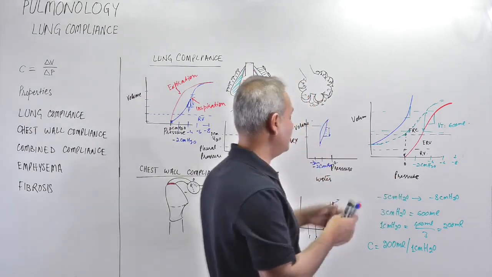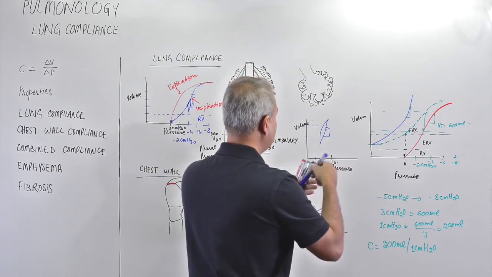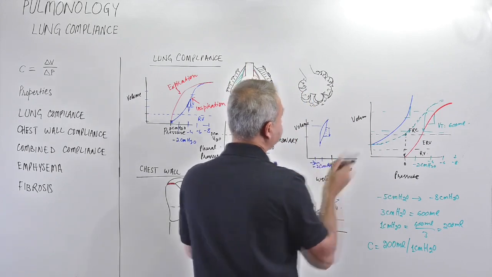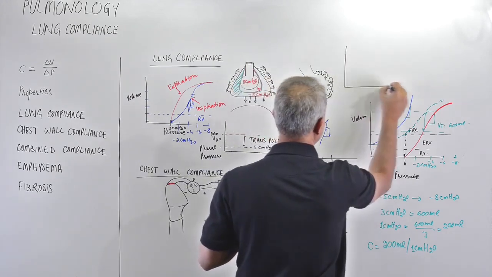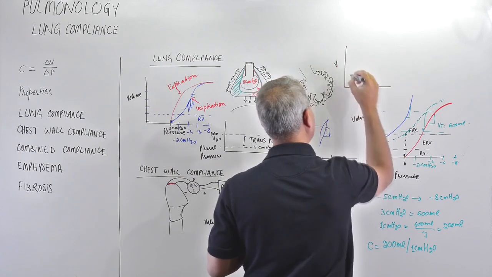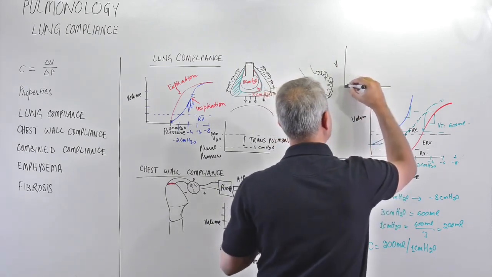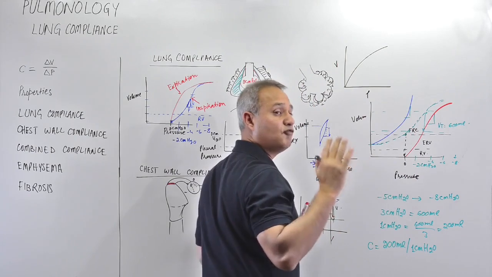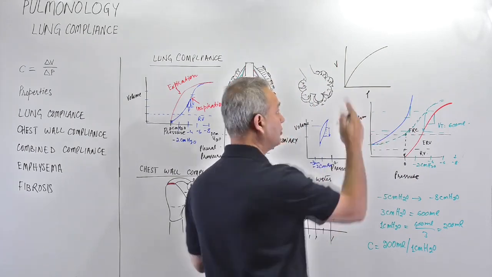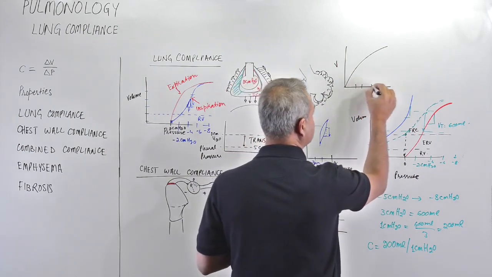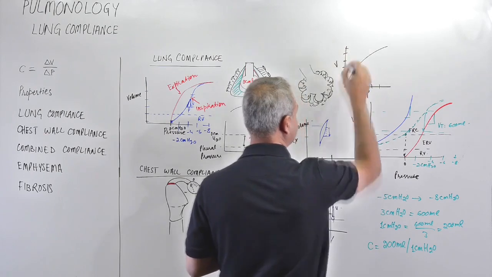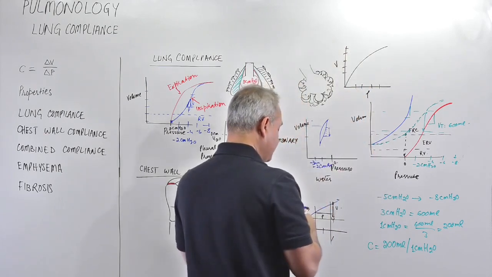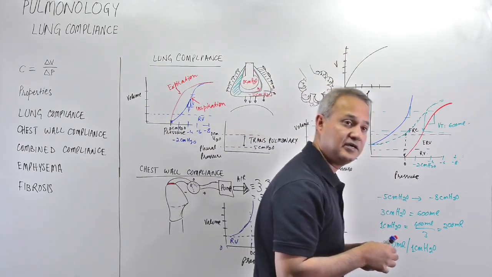So that is emphysema. In emphysema, if I draw that here, let's say this is the pressure, this is the volume, and let's say this was a normal lung volume change for pressure changes. As the pressure changes, lung volume changes. With emphysema, it will become easy to change.